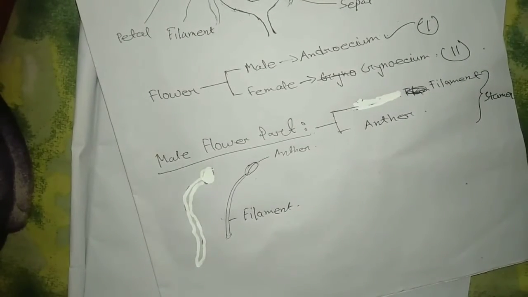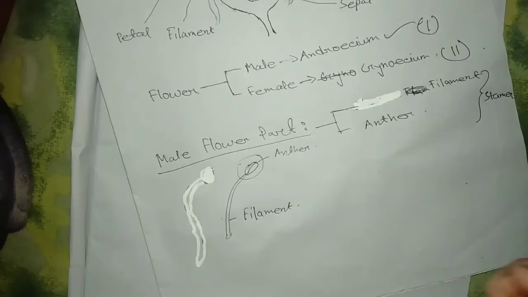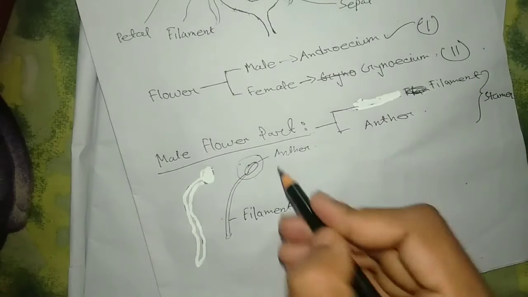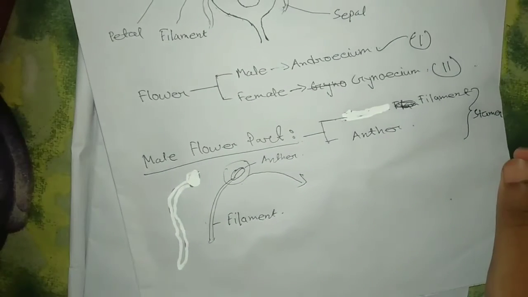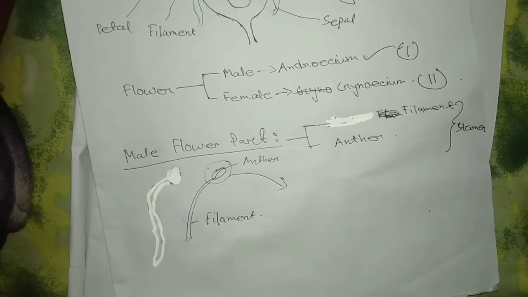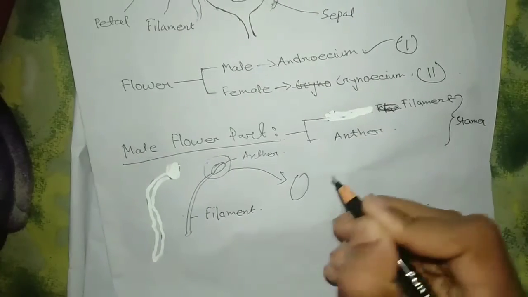If we see carefully, we can understand that this part, the anther, is bilobed. Now we are going to study the anther.